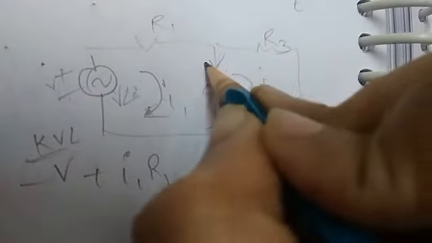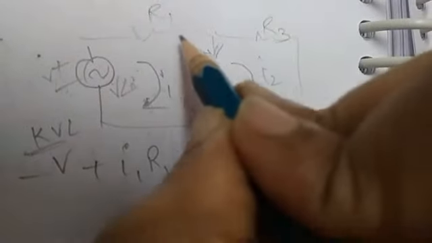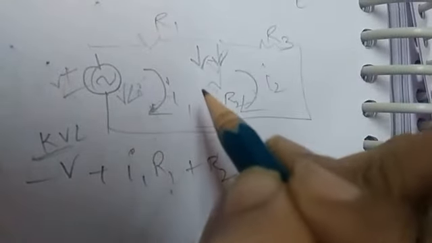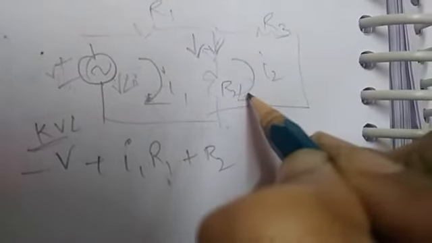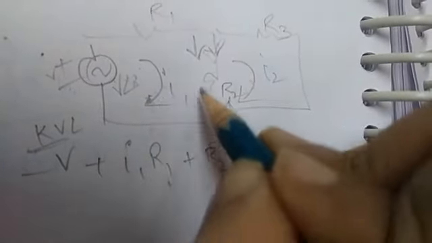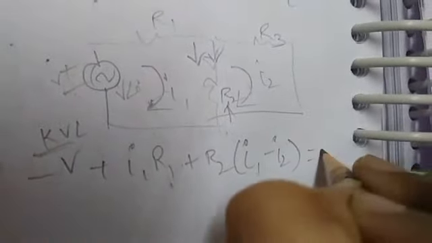When you come to the R2 branch, I1 current is flowing downstream and I2 current is flowing upstream. I am following the I1 direction, so the final current will be the difference, I1 minus I2. So it equals 0: applied voltage and drops equals 0. This is corresponding to mesh 1. When I go to mesh 2, there is no source.